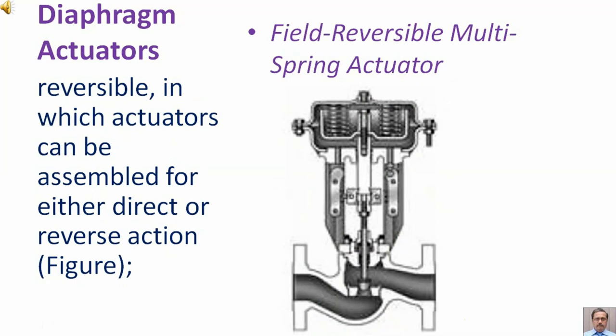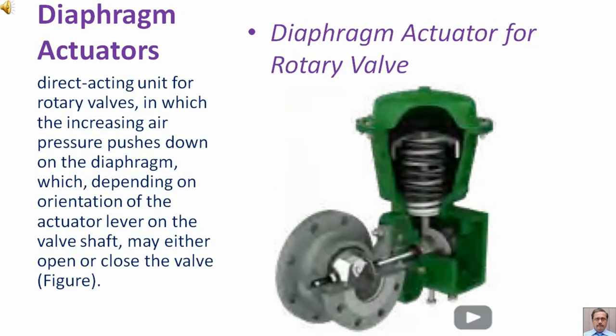Another style is reversible, in which actuators can be assembled for either direct or reverse action. It is shown in figure. Another style of diaphragm actuator is for rotary valve.